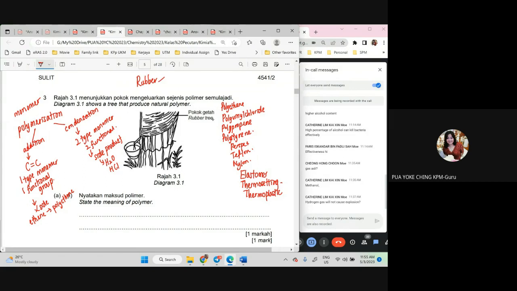Okay. Rubber, your monomer, your coagulation, and then your natural rubber and synthetic rubber.